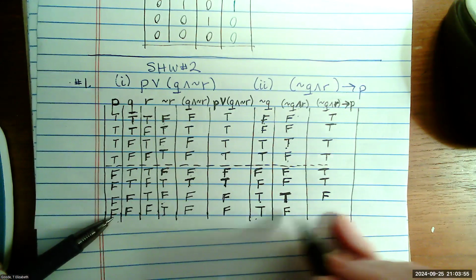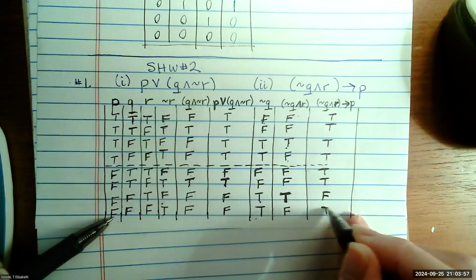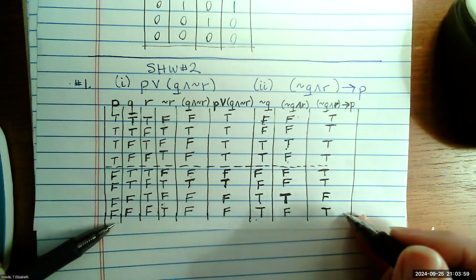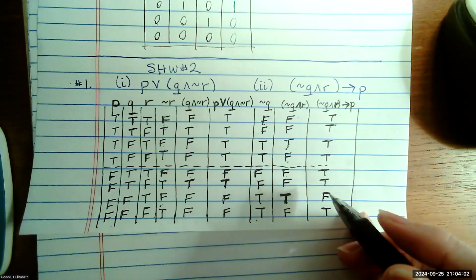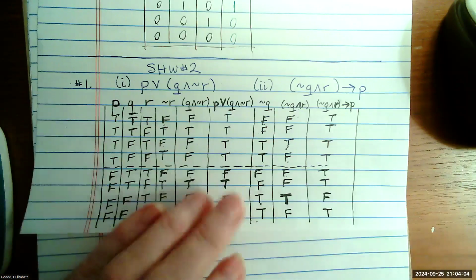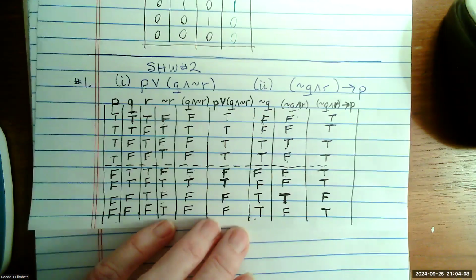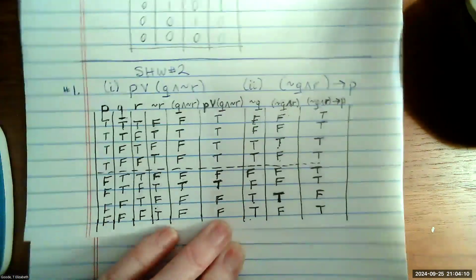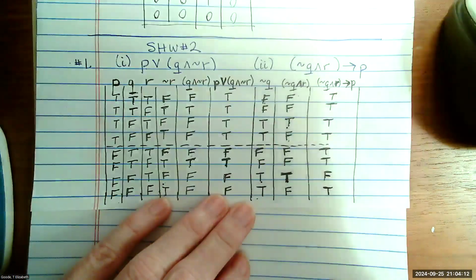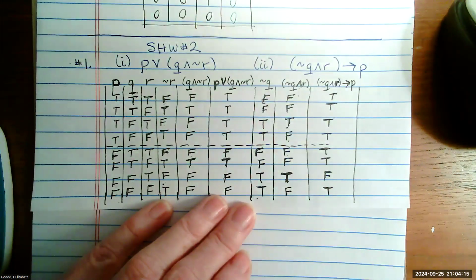False, true, true. True. Okay, right, good. Great. And you know what? Remember at the end of every section in the ebook are problems, and a lot of them have the answers. Remember from doing homework 1? You had to chase around and do problem 7 in section 1.2. But there was a reason why I had you do that.